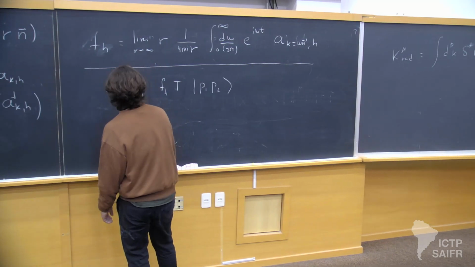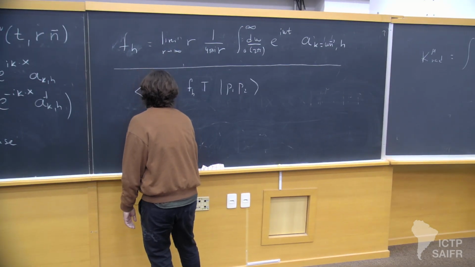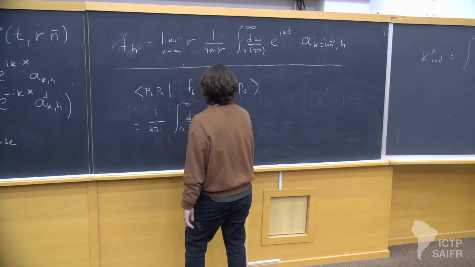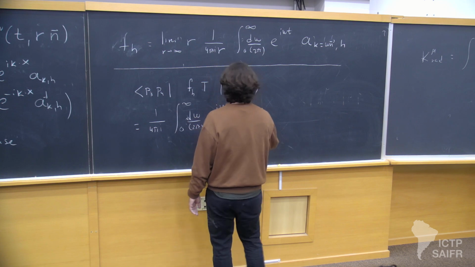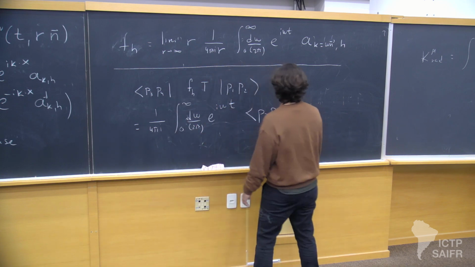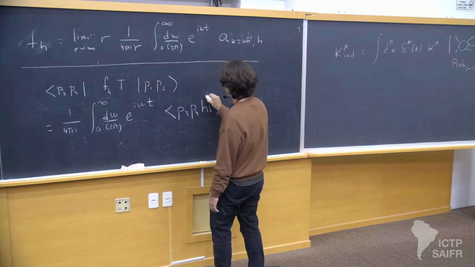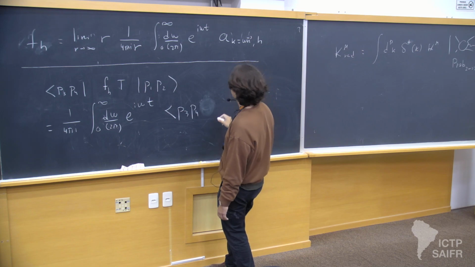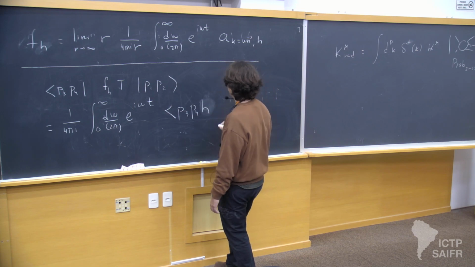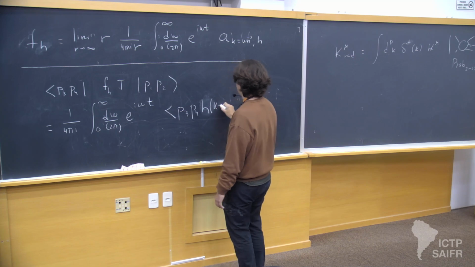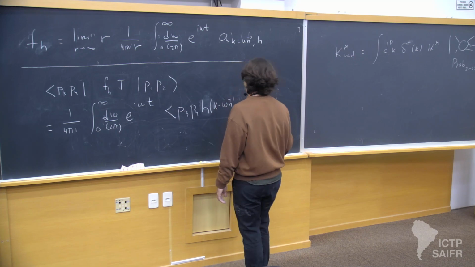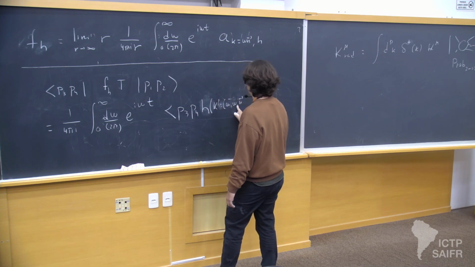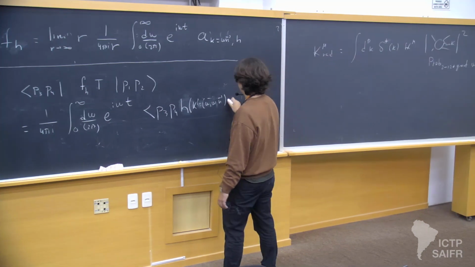So what is this object? This object will be this 1 over 4 pi i, let me call it a graviton that will have momentum, which goes like omega n, and helicity little h.